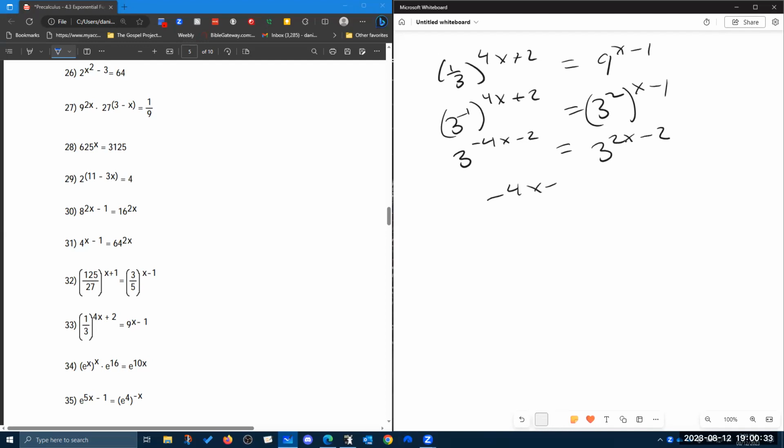So negative 4x minus 2 is equal to 2x minus 2. Subtract 2x, subtract 2x, add 2, add 2. Negative 6x is equal to 0, and x is equal to 0.